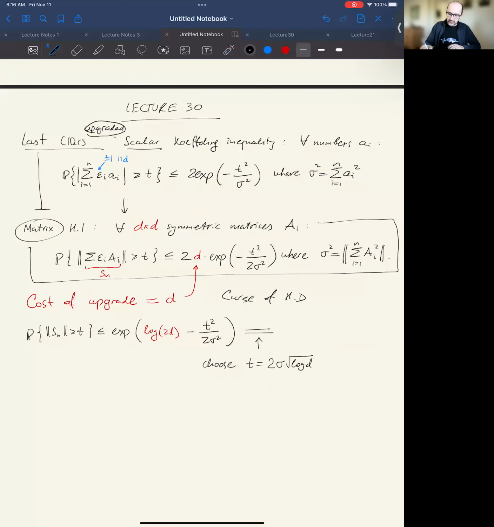And so we get this, let's think this is 2 log d. So this will be 4 over 2 is 2, so it's e to the minus 1 over d. Would it be 1 over d? Yeah, or 2d maybe, log 2d, something like that.